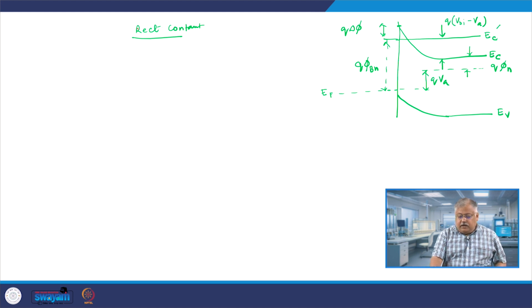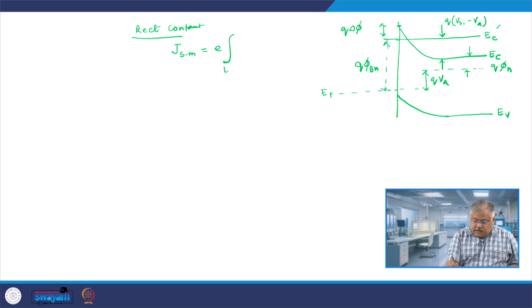Now, if you look very carefully here, electrons on the metal side can easily cross over to the semiconductor side and vice versa, and we define the semiconductor to metal carrier density as equal to q times integral from EC prime to infinity of Vx dN, where EC prime is the minimum energy for thermionic emission.